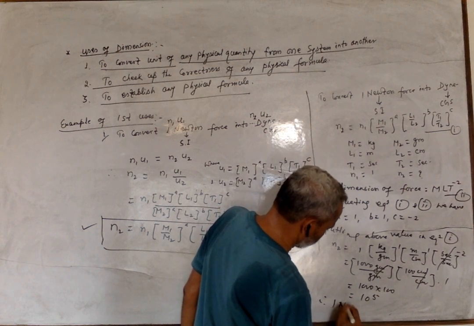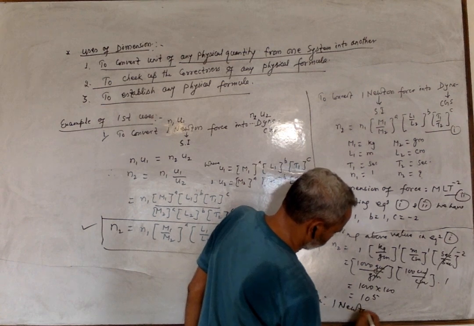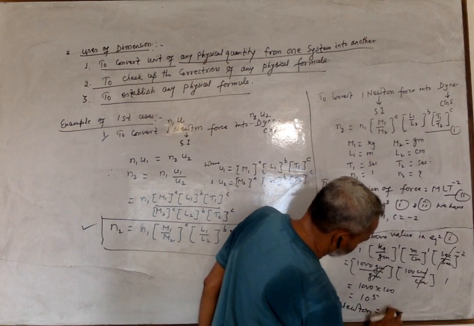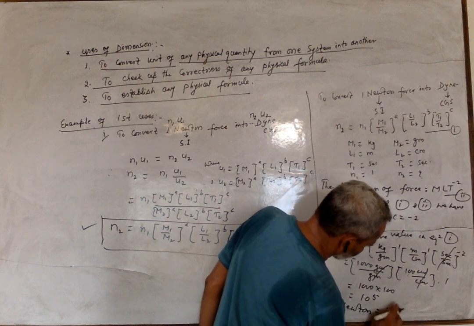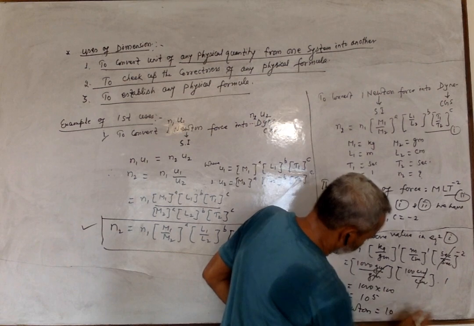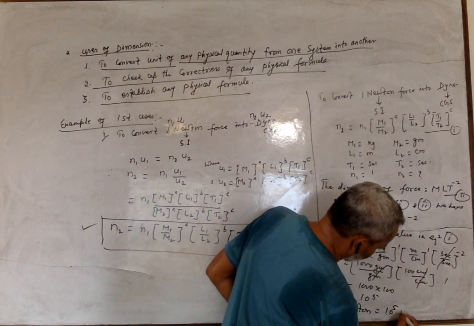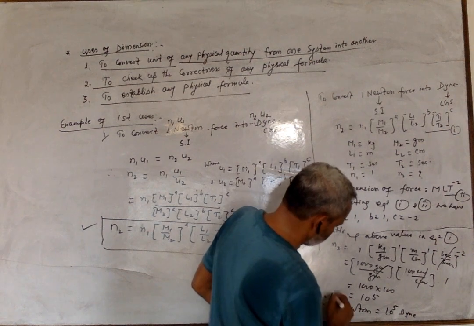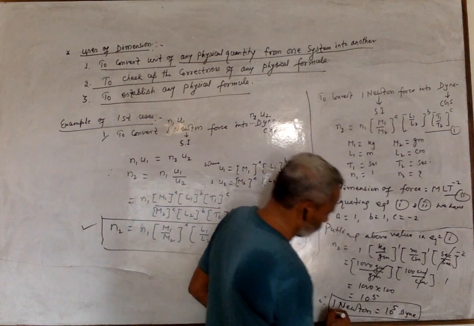So 1 Newton equal to 10 to the power 5 dyne.